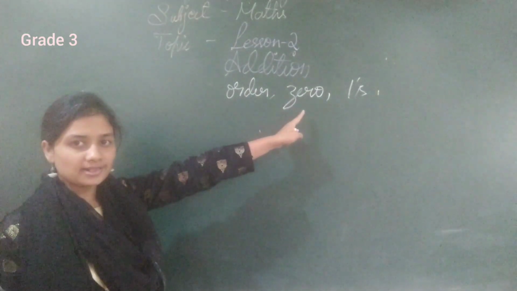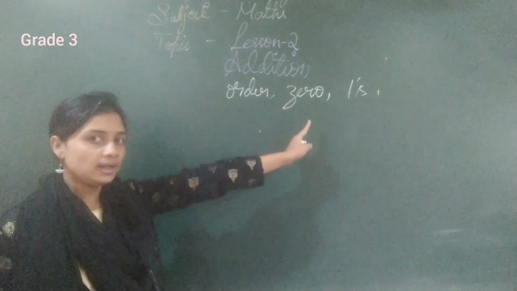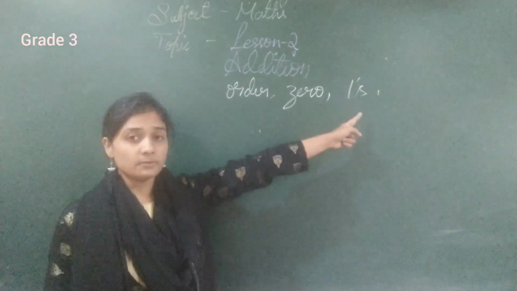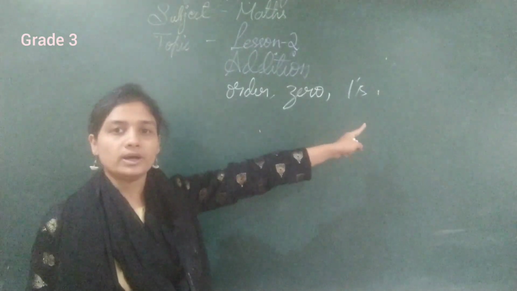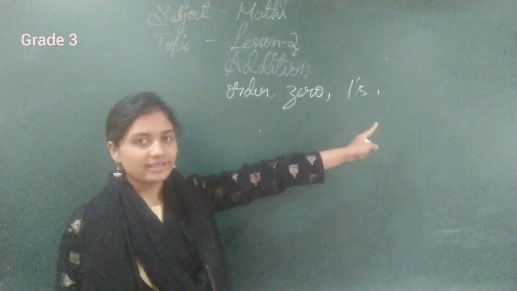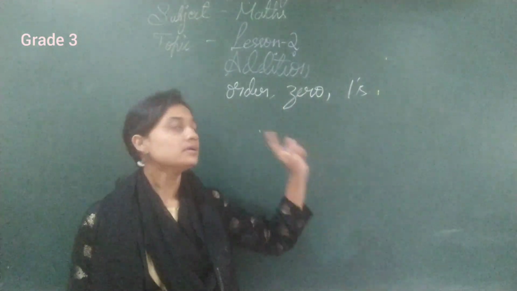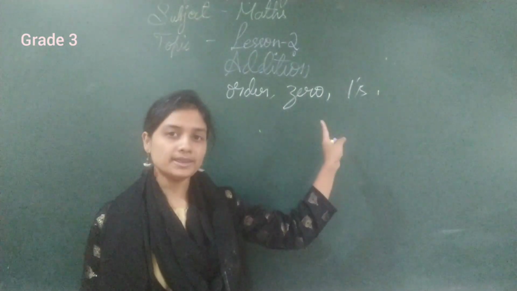Zero property says you add 0 to any number, the answer will be the same number. One property says you add 1 to any number, the answer will be the successor of that number. So we have revised these properties. Let's go for the sum.